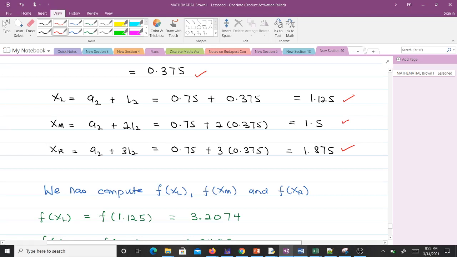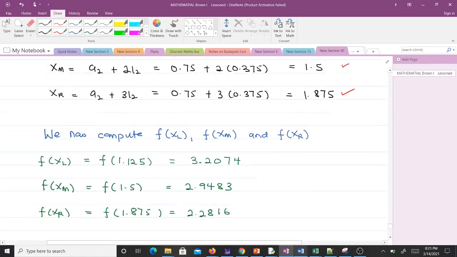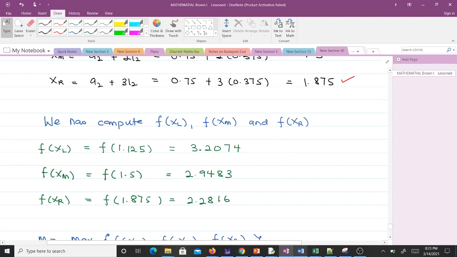So after that, we then have to compute f of XL, f of XM, and f of XR. So f of XL is the same as f of 1.125, and that will give us 3.2074. So f of 1.125, when you put it inside the objective function, is 1.125 cubed minus 1.125 to the power 5/3.